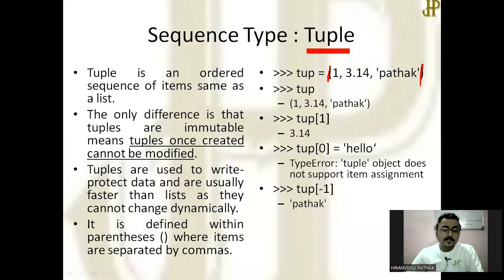The second difference is that in a list, you can change the value of stored data, but in a tuple, data are immutable. Once created, you cannot change it. That's why I have written over here, tuples once created cannot be modified anymore.